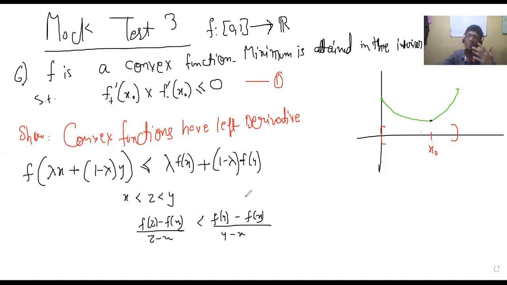Essentially, convexity means that as you move towards the right, the slopes are increasing, so the left derivative, the limit which you're going to take, is the limit of an increasing function, and the left limit of an increasing function exists.